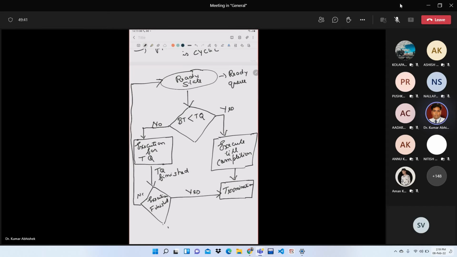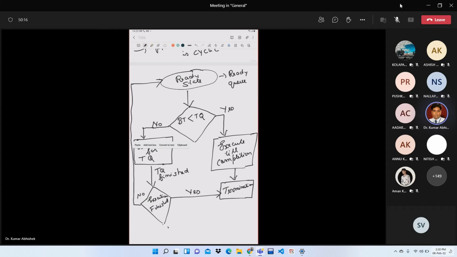So this is the logic. Ready state, then process will be taken out one by one. Then it will compare. If burst time is less than time quantum, then it will execute till completion and go for termination. If burst time is not less than time quantum, it will execute for that time quantum. When the time quantum is finished, then again it will see whether the process execution is over or not. If it is over, it will go for termination, or else it will go to the ready state. Okay, this is how it works.